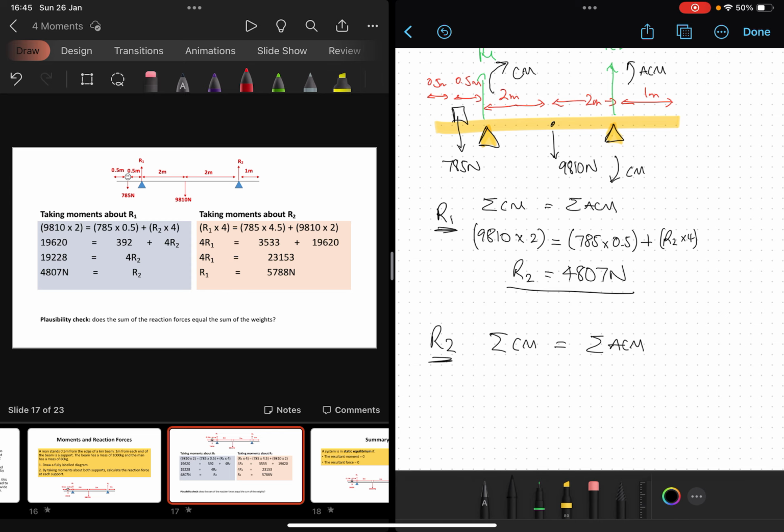So that is R1 multiplied by 4 meters, since it's 4 meters away from that second pivot. What are the anti-clockwise moments?